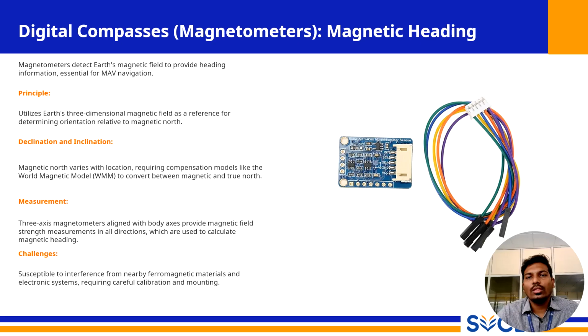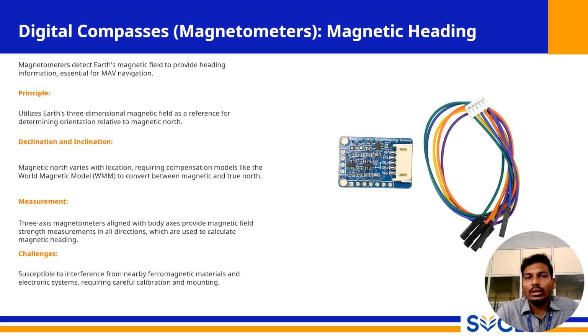To complete its understanding of its state, a MAV needs a sensor of direction. This is provided by the digital compass, more formally known as the magnetometer. As the title suggests, their job is to provide a magnetic heading.